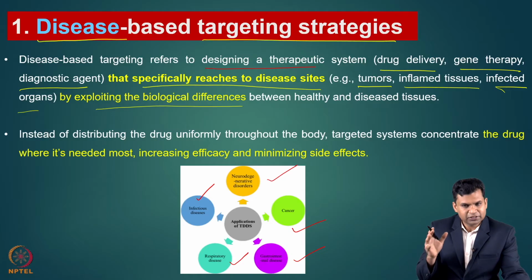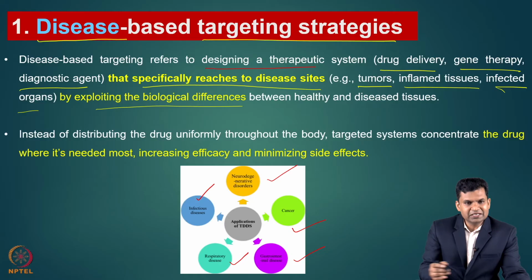In a tumor, we see a lot of pathophysiological changes compared to normal cells, and based on that we target the disease. Instead of distributing the drug uniformly through the body, the targeted system concentrates the drug where it is needed most, increasing efficacy and minimizing side effects. This is one of the approaches by which we can target medicines.